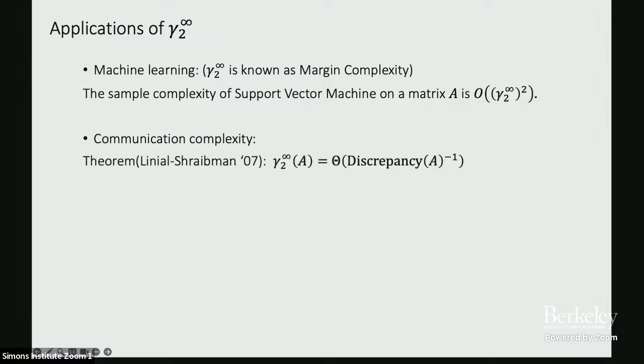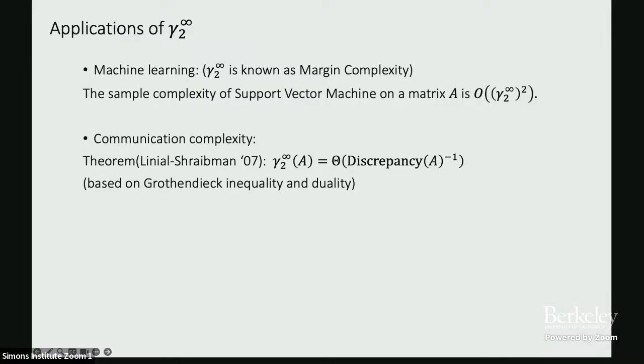So that's machine learning, and it's also highly relevant in communication complexity, because it turns out that gamma 2 infinity is basically equivalent to a notion called discrepancy, like 1 divided by discrepancy. Discrepancy is a number between 0 and 1. This proof uses the Grothendieck inequality and some minimax duality.